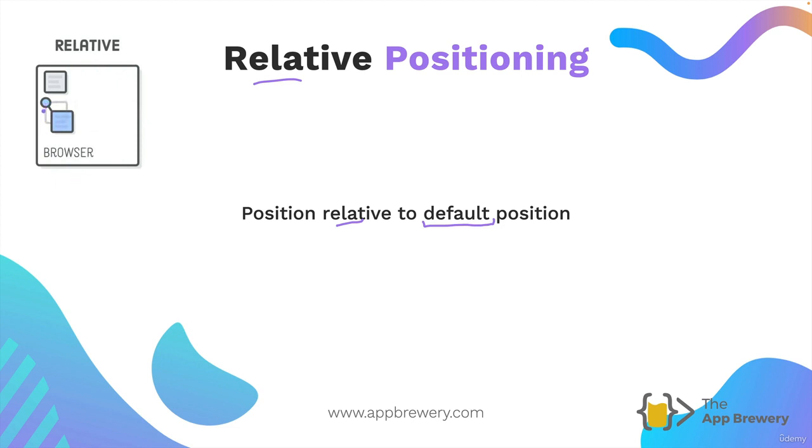Well, relative positioning basically takes that original position and you can apply some changes to it so you can move it relative to where it should be. So in this case, where the purple box is where it should be, and where the blue box is, it's been shifted to be pushed from the left and from the top. So that gets this new relative position.